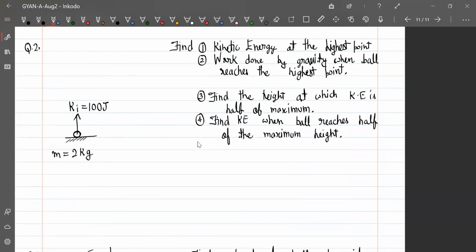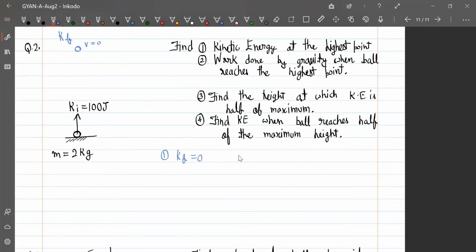So in this case, let us say the final point is this point. Let me call this point F. So when the ball is at the highest point, the kinetic energy will be equal to 0, of course, because at the highest point the speed is 0. So at the highest point kinetic energy is 0.